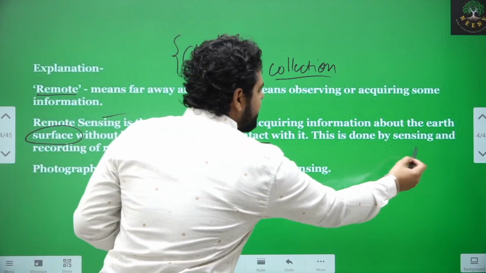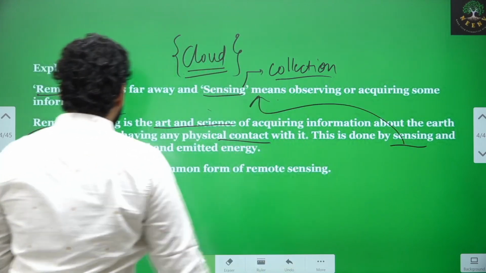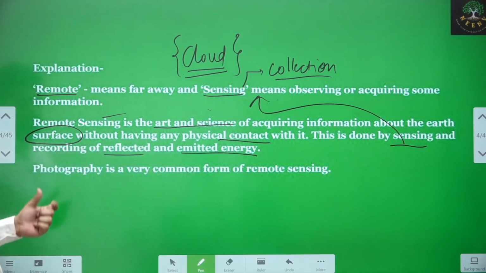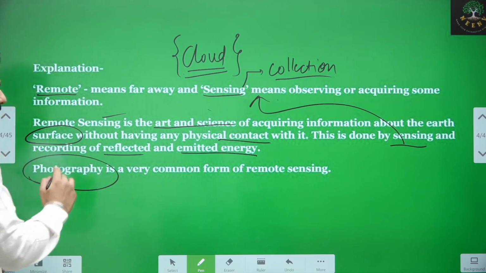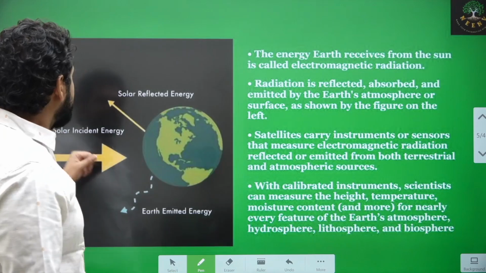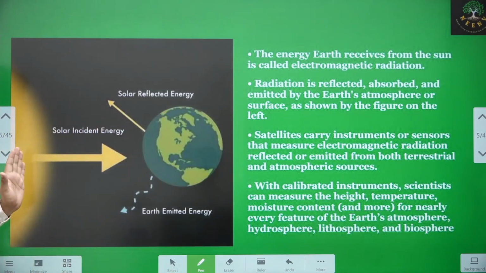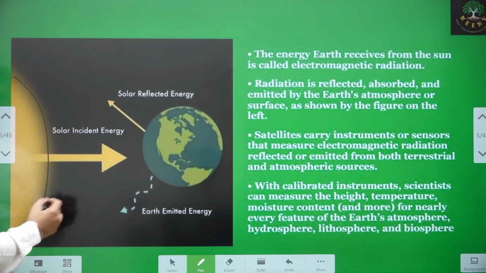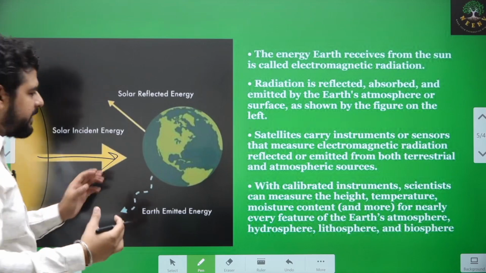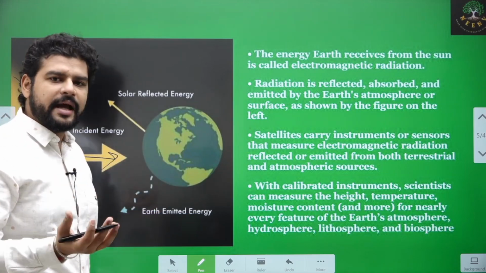This is done by sensing and recording of reflected and emitted energy. The most common method is photography. When the sun gives the energy or the radiation and it comes on the earth, three things happen.